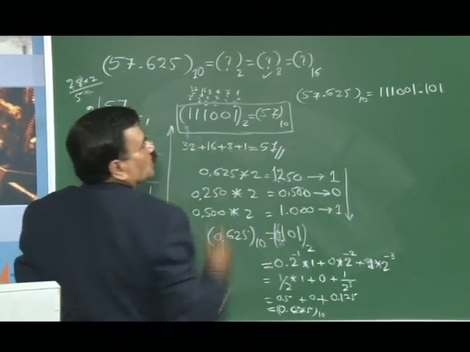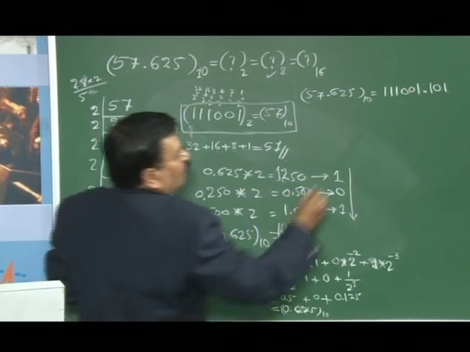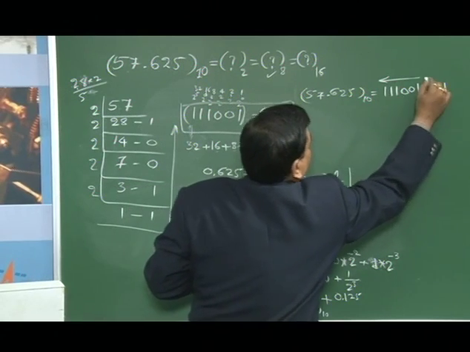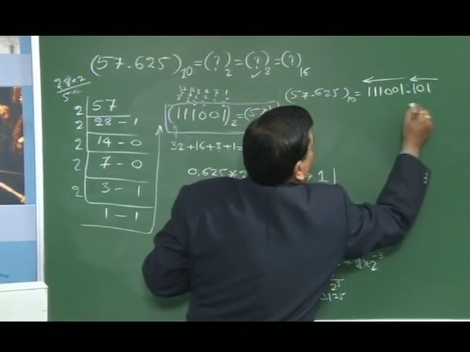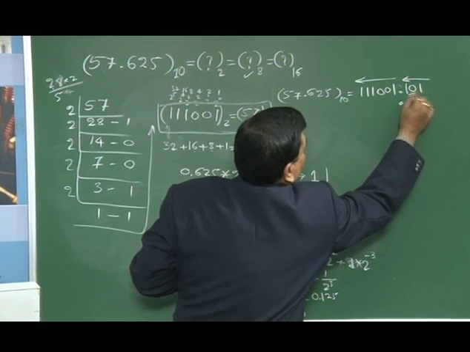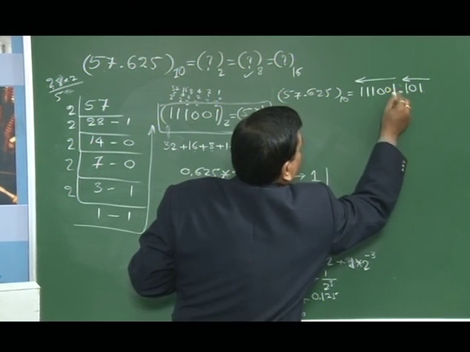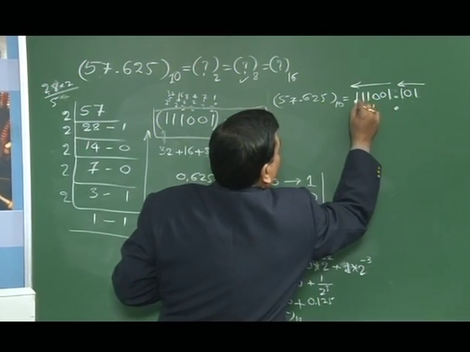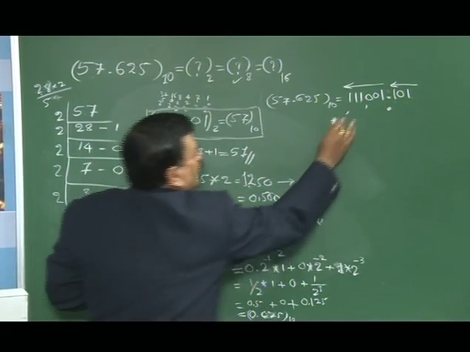Then our intention is to convert it into octal. From here, we are going to mark the decimal point here. Then we are going to make groups of 3 numbers. So for the octal, here 1 2 3 and 1 2 3. So we are going to make 2 groups like this.